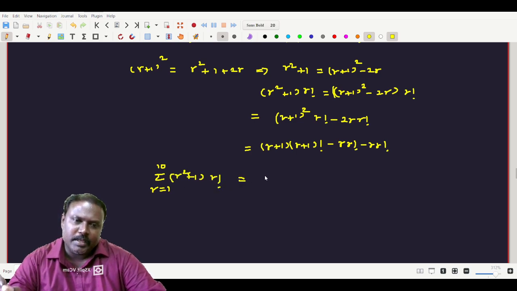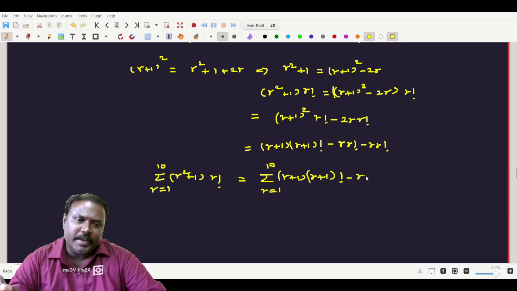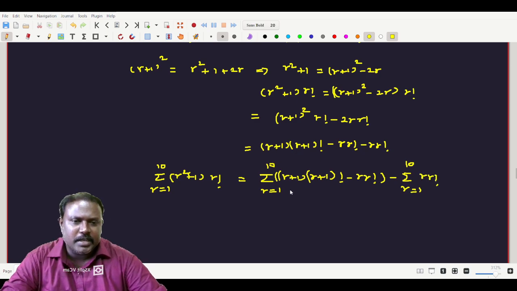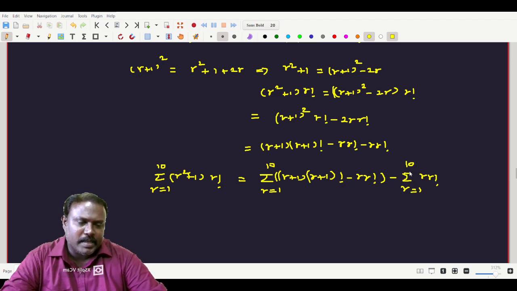This can be rewritten as summation r equals 1 to 10 of (r plus 1) into (r plus 1) factorial minus r into r factorial, minus summation r equals 1 to 10 of r into r factorial. I am just splitting this summation into two summations.